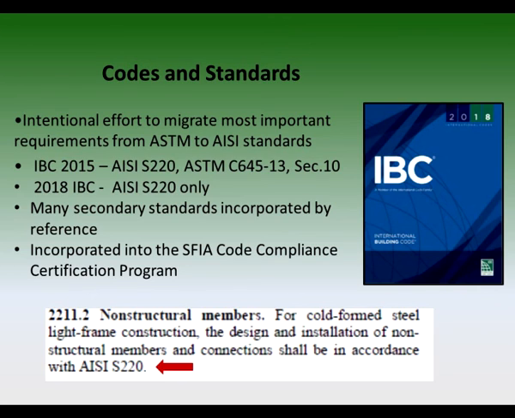As you can see here, designated by the red arrow, AISI S220 is the only standard referenced for non-structural studs in the 2018 IBC. But there are many secondary standards referenced in the AISI S220, so it's still not a completely self-contained standard.